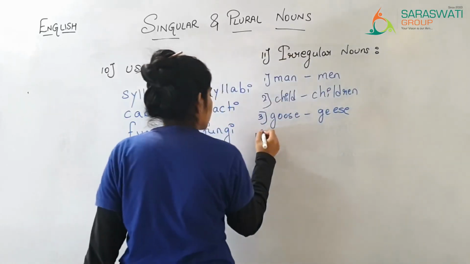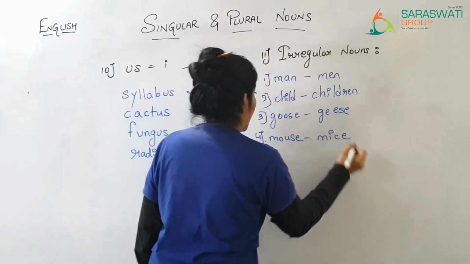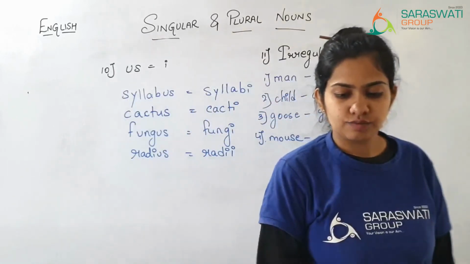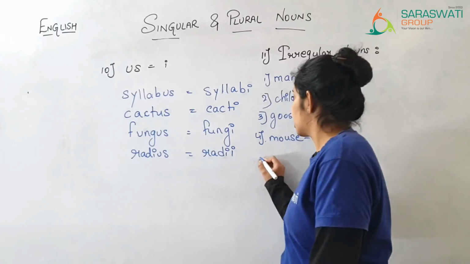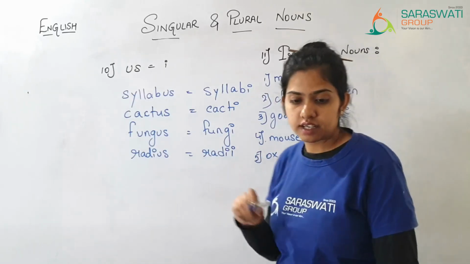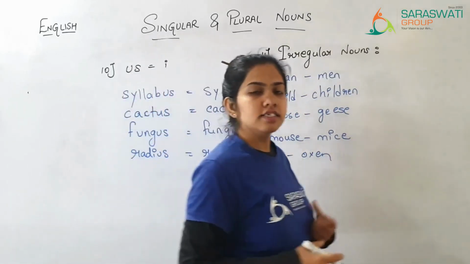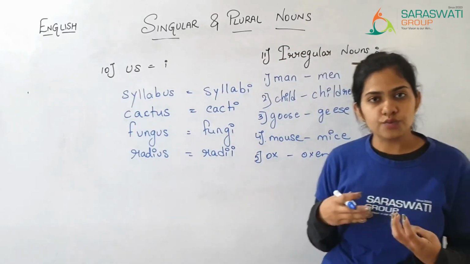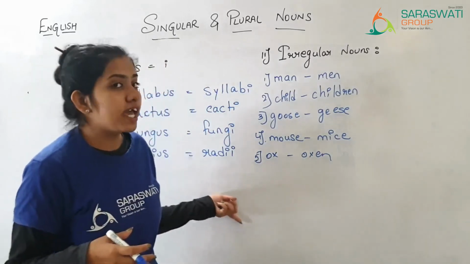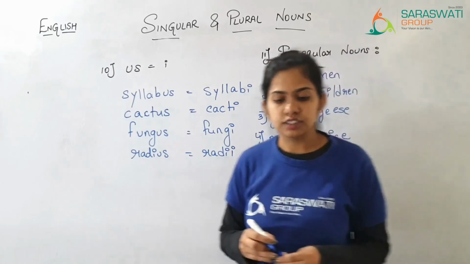Mouse changes to mice. Ox changes to oxen. Foot changes to feet. So there are such kinds of irregular nouns which directly change the word without adding S or ES.